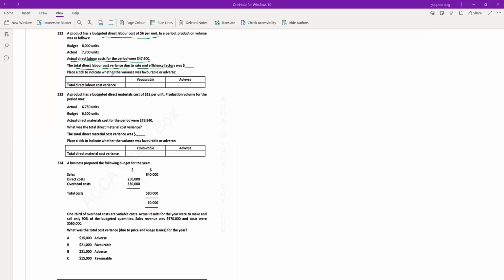Place a tick to indicate whether the variance was favorable or adverse. So we will follow the formula of direct labor cost variance: budgeted labor cost per unit 6 minus actual labor cost. We will calculate 47,600 divided by actual units 7,700.